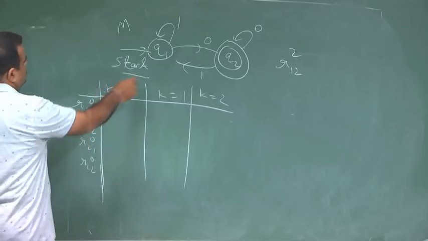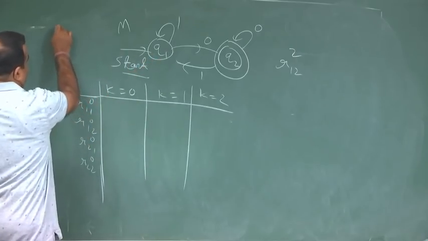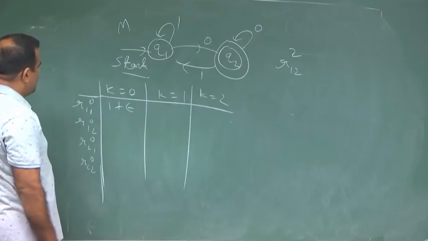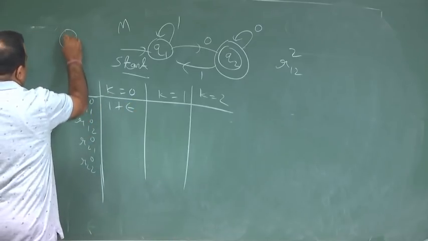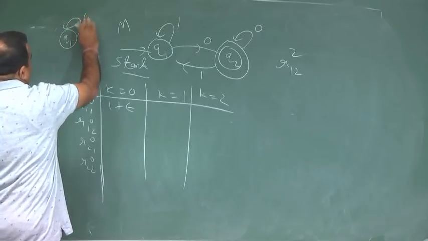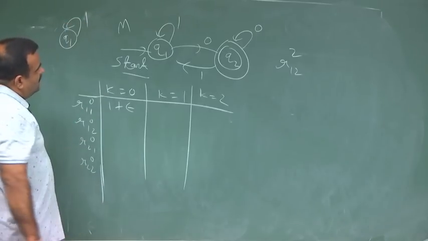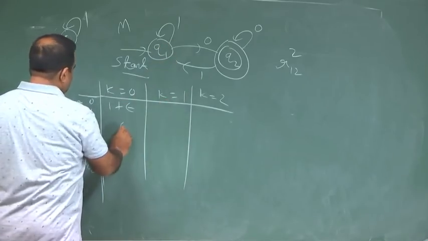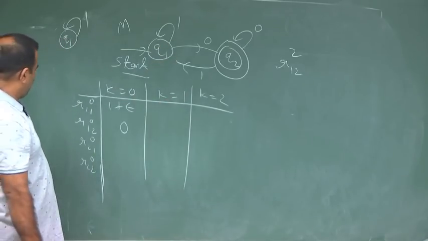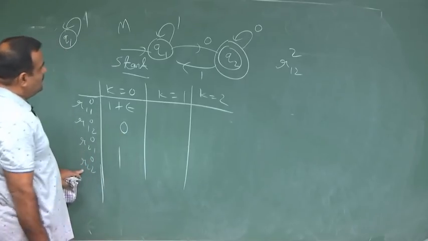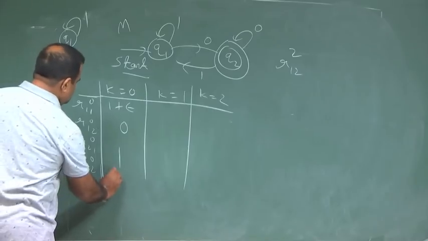For Q 1, it is 1 plus epsilon, because from Q 1 we have to go to Q 1, we have a 1 move over here. So, 1 plus epsilon, and R 1 2 0 is just 0, R 2 1 0 is 1, and R 2 2 0 is 0 plus epsilon.